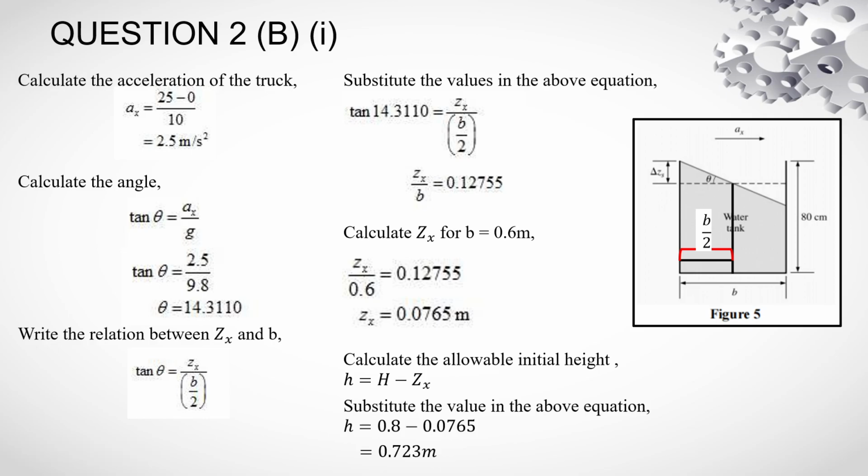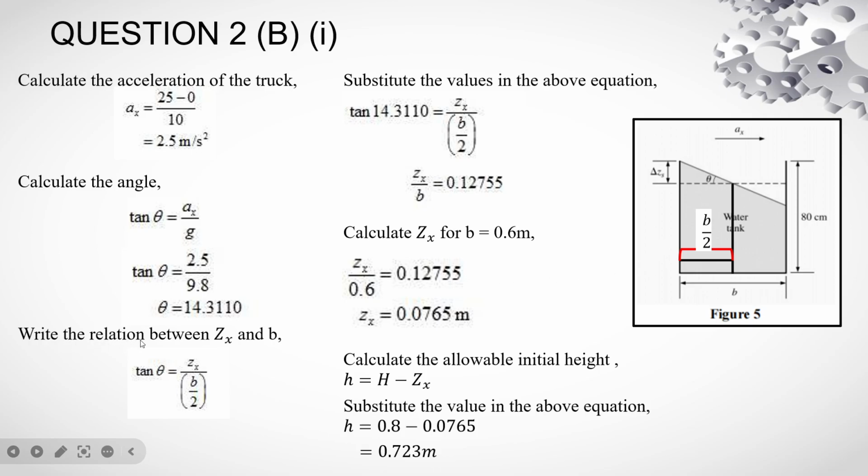In order to solve question 2b1, we calculate the acceleration of the truck first, which is ax equal to 25 minus 0 divided by 10, and we get 2.5 meter per second square. And we calculate the angle, tangent theta, and we get the theta over here.